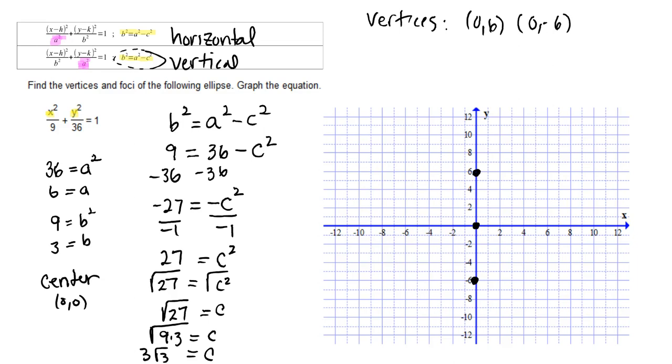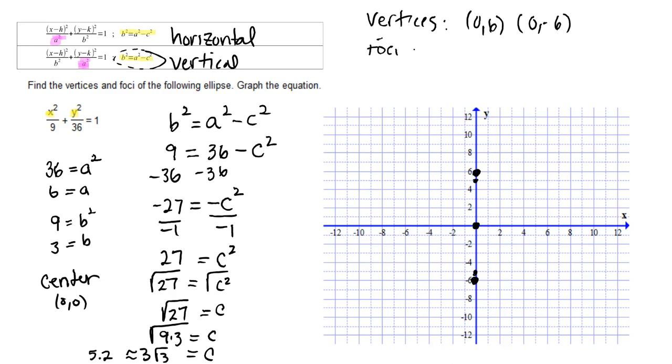Now the foci will also be located vertically up and down from the center. And I put in my calculator 3 square root of 3, and that's approximately 5.2. So I'm going to go up and down from the center about 5.2 to about here and here, and that's the location of my foci.